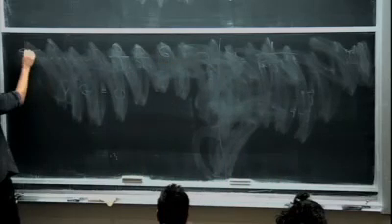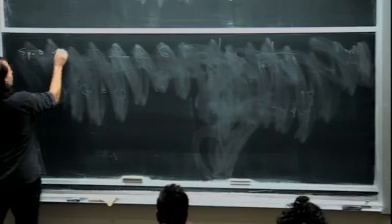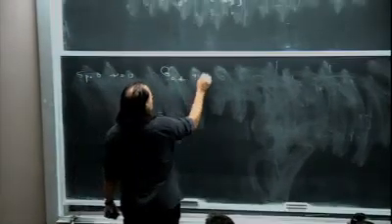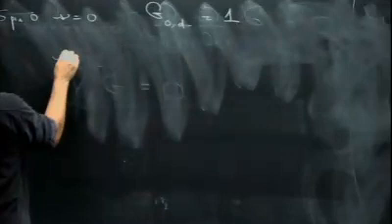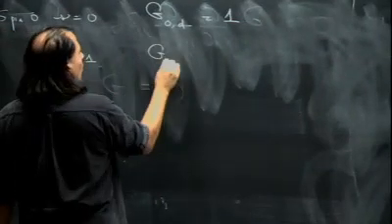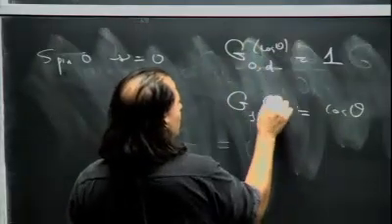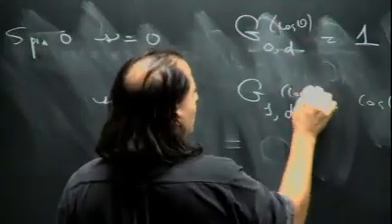So for spin 0, s equals 0, in any number of dimensions, G_0,d is equal to 1. For spin 1, G_1,d is equal to cos theta.